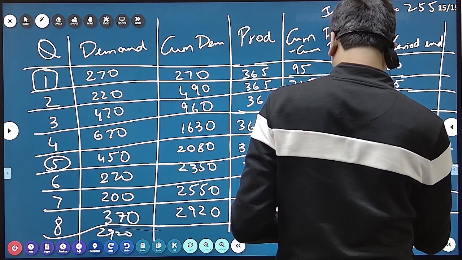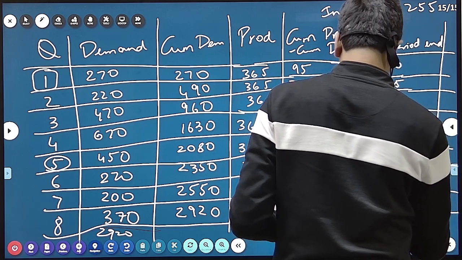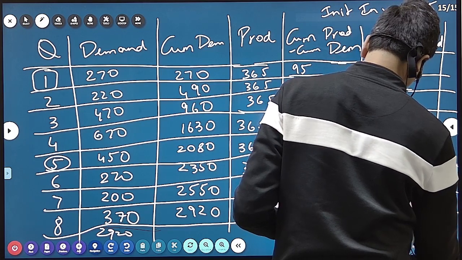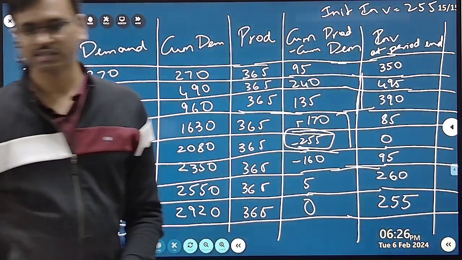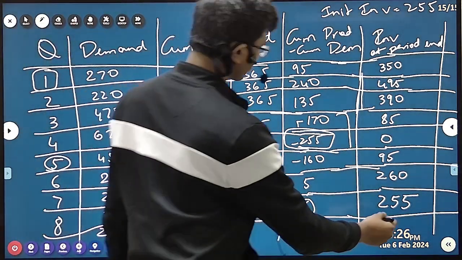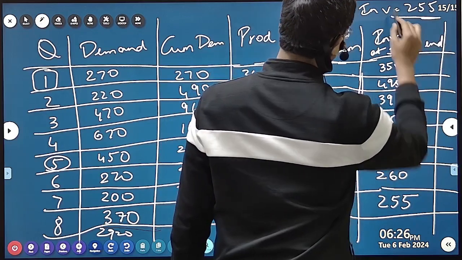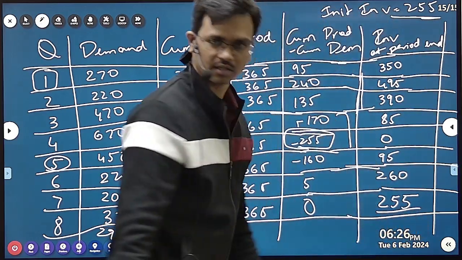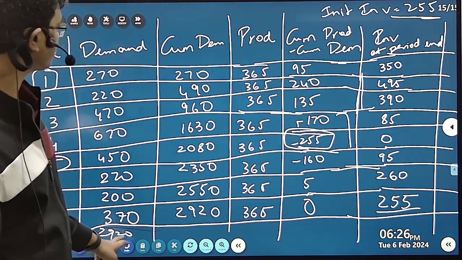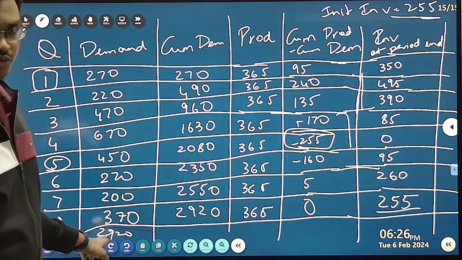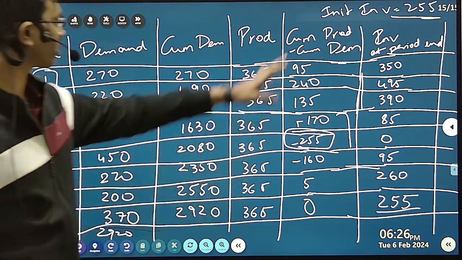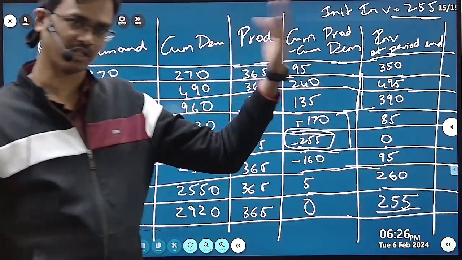Here we have 95, 260 and 255. So this is called equilibrium. What happens in equilibrium is the inventory which you have maintained in the starting will also appear in the end. Because you have a demand of 2920 units and you have produced 2920 units, that is completed and you are left with whatever you had in the beginning.